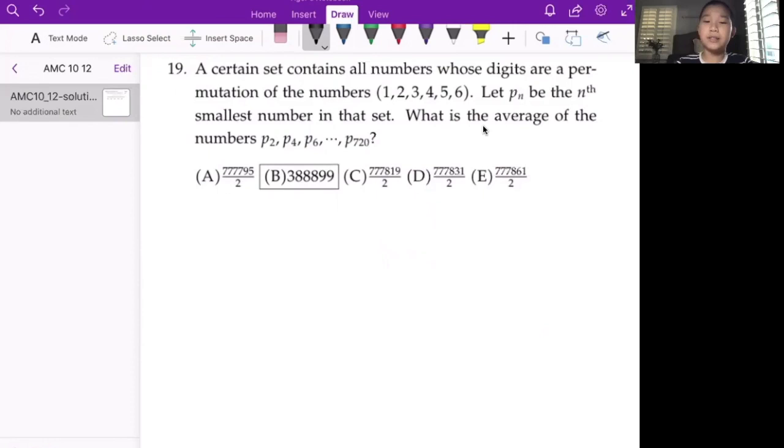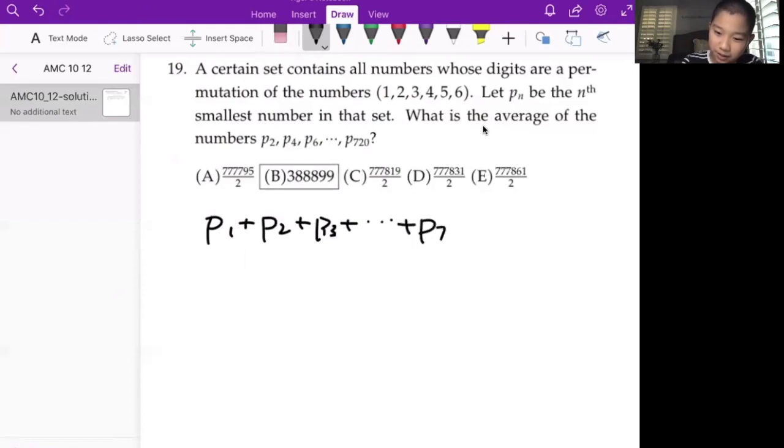So how about let's look at what happens if we first find the average of all the numbers, including the odd and even indices. So we want P1 plus P2 plus P3 plus all the way to P720.